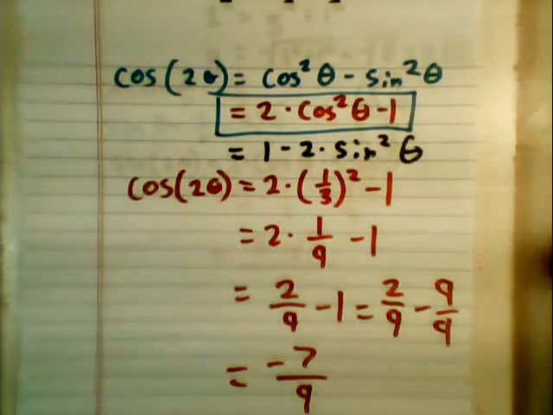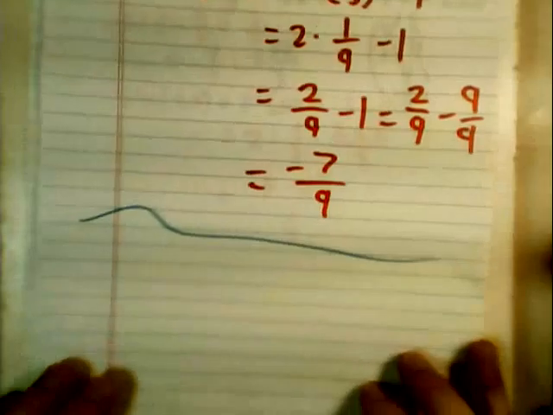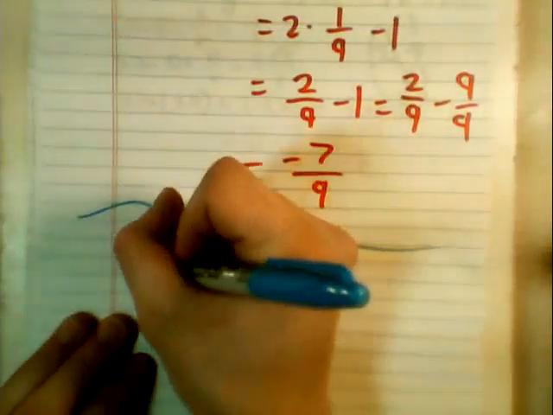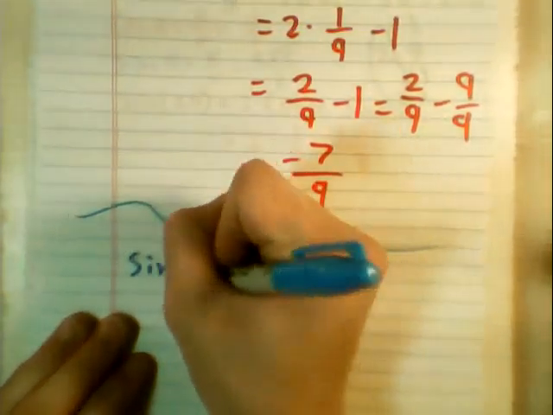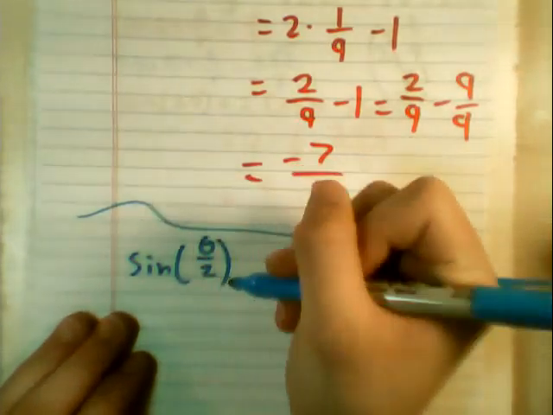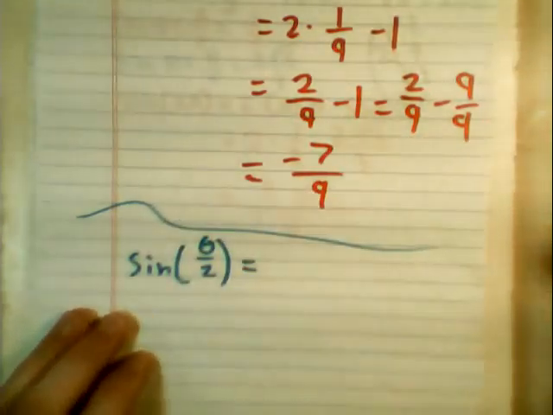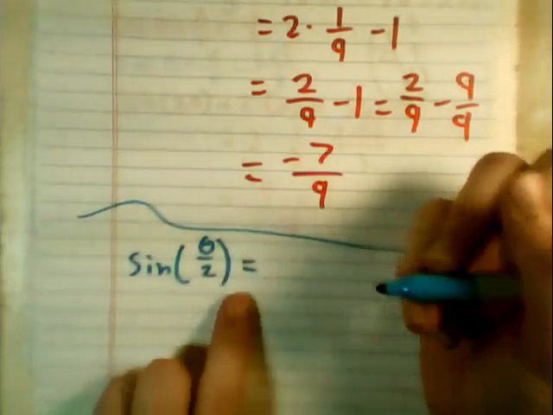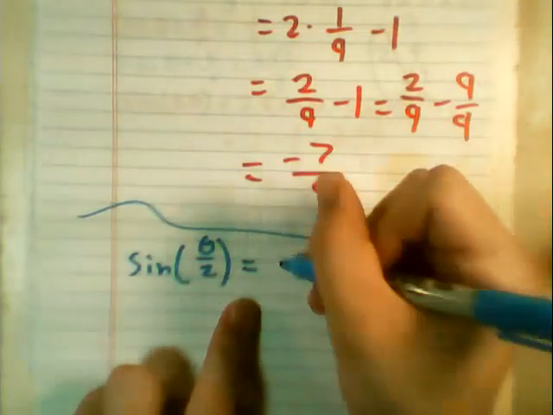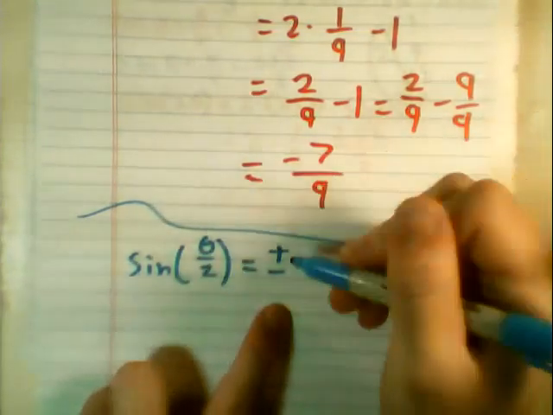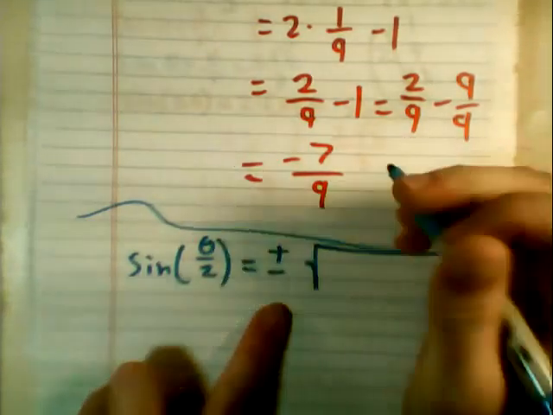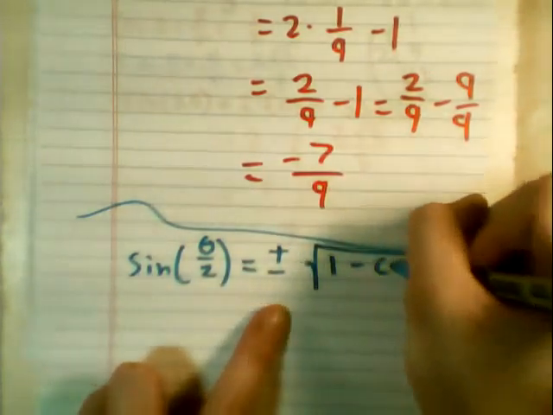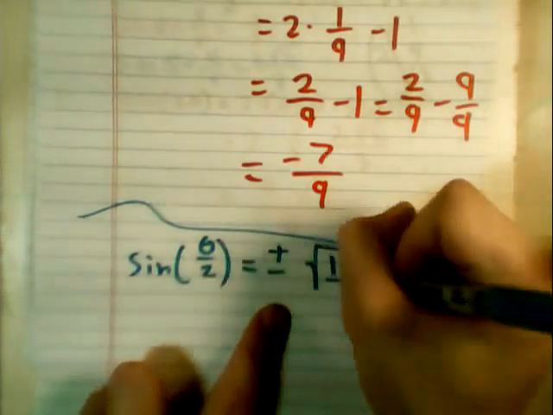Now, what we need to do is we need to do the half angles. So first it asks for sine of theta over 2. If you look at your formula chart, you will recall that this identity is plus minus the square root of 1 minus cosine theta over 2.